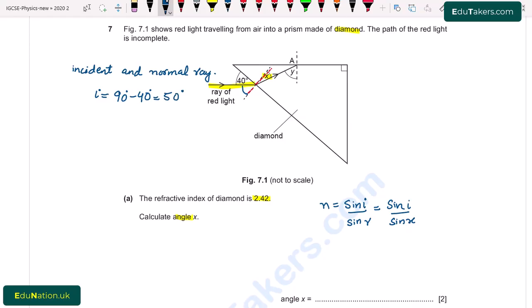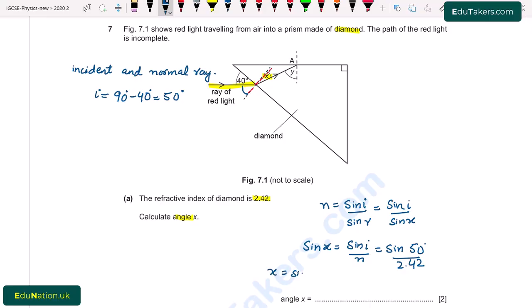So putting values in this equation, sine of x will be equal to sine of i over n, and sine of i will be equal to sine function of 50 degree divided by n, which is 2.42. We have to calculate x.